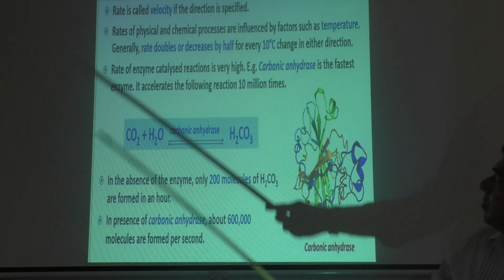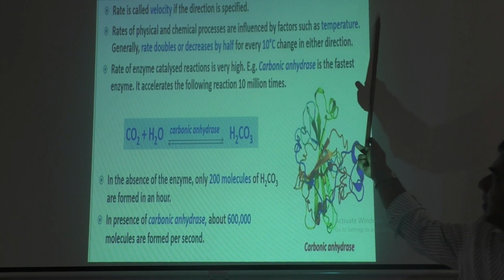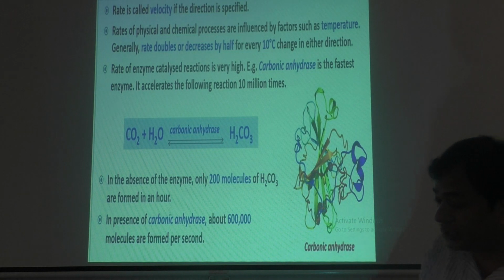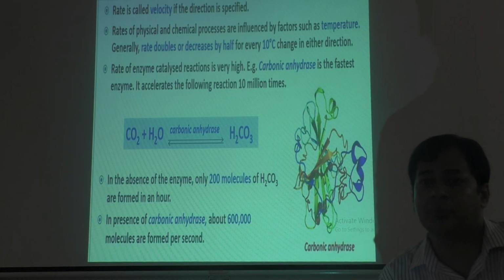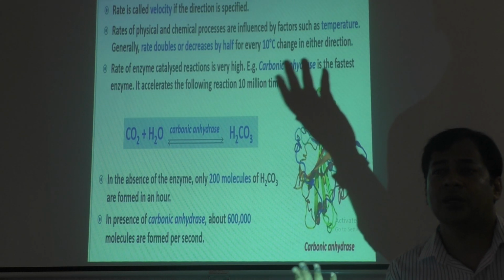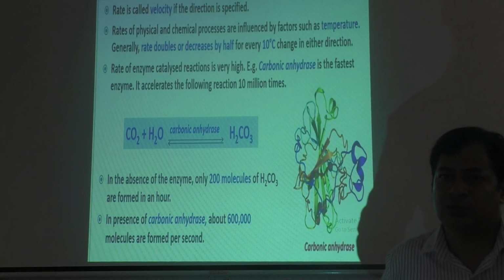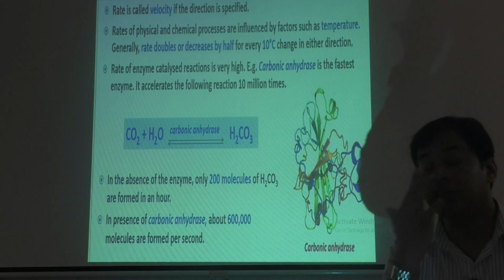Then rates of physical and chemical processes are influenced by factors such as temperature. The rate of a chemical or physical process is determined by factors like temperature. It means if temperature is more or less, then the reaction may happen faster or slower. So whether the reaction should be fast or slow also depends on temperature.